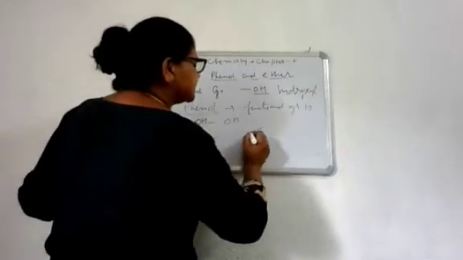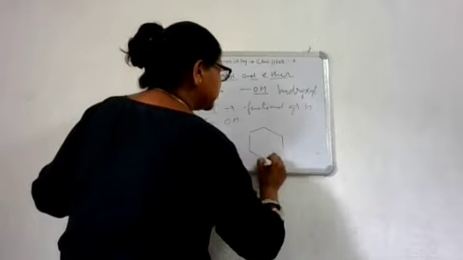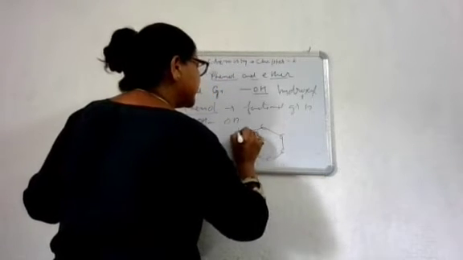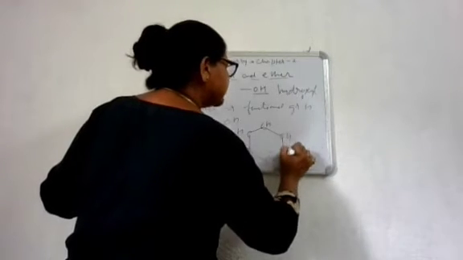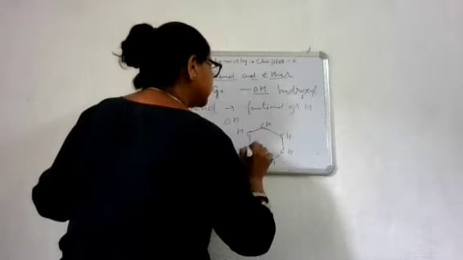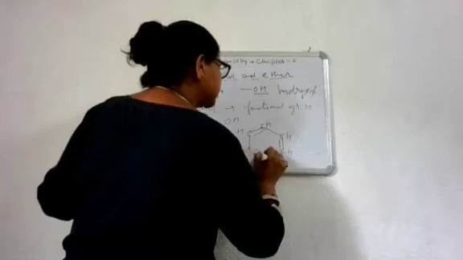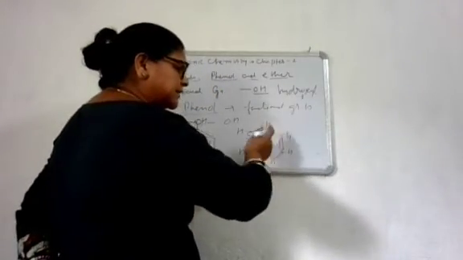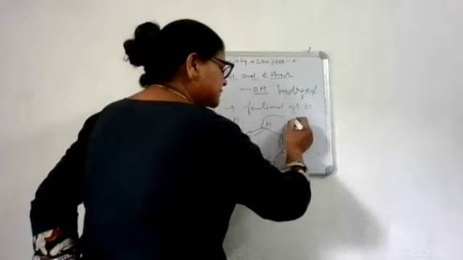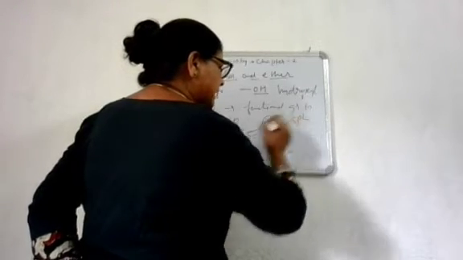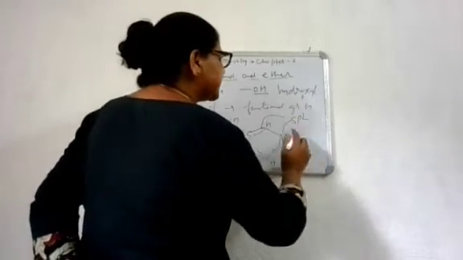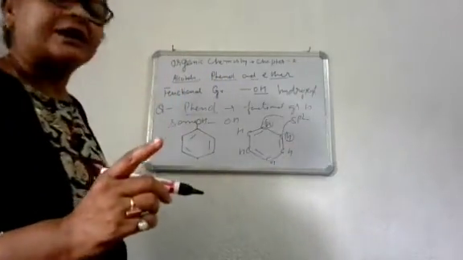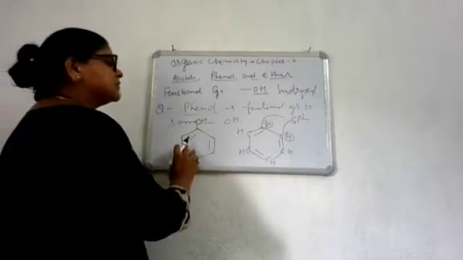In benzene, each carbon atom is sp2 hybridized. There are alternate single and double bonds, so all the carbon atoms are the same, that is sp2 hybridized. By replacing any of the hydrogen atoms of the benzene ring, we get phenols.